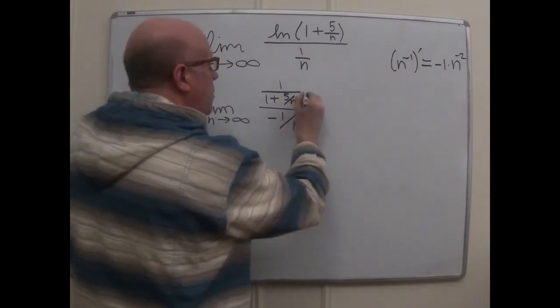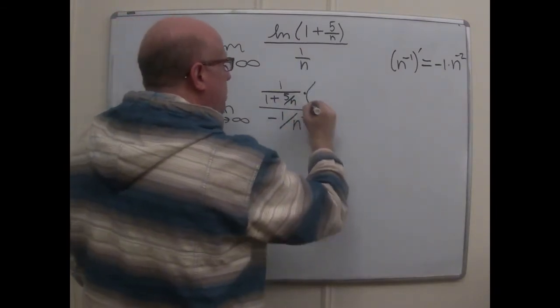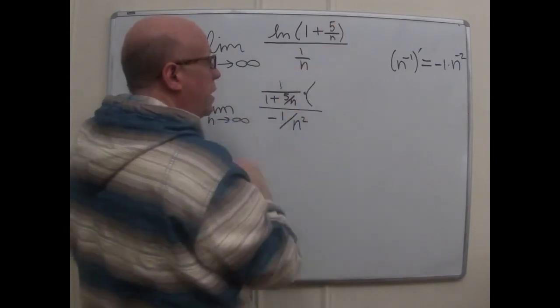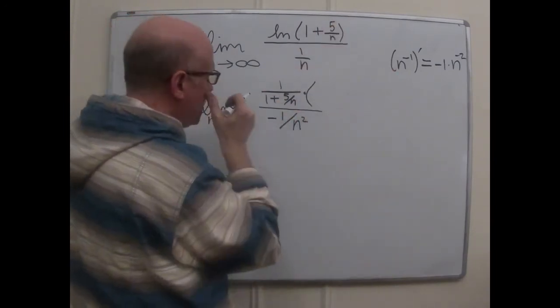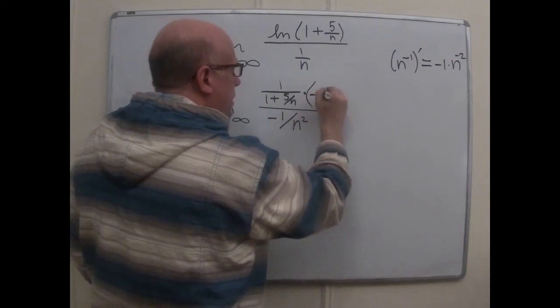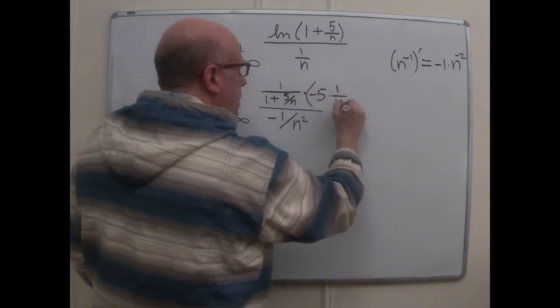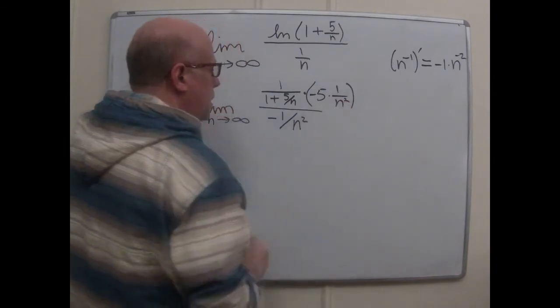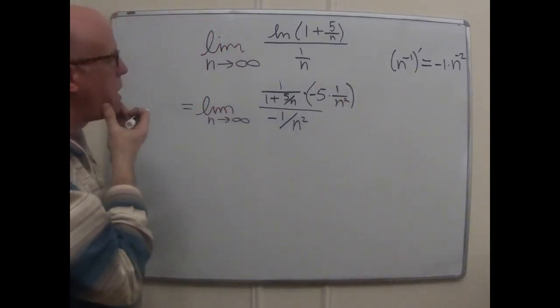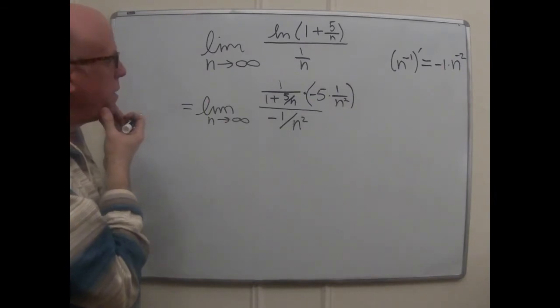So what does the chain rule tell us? Well, we need the derivative of 1, that's 0, and then the derivative of 5 over n, it's rather like the one we just did. So we get negative 5 times 1 over n squared. Yay, so I think this is all doable now.